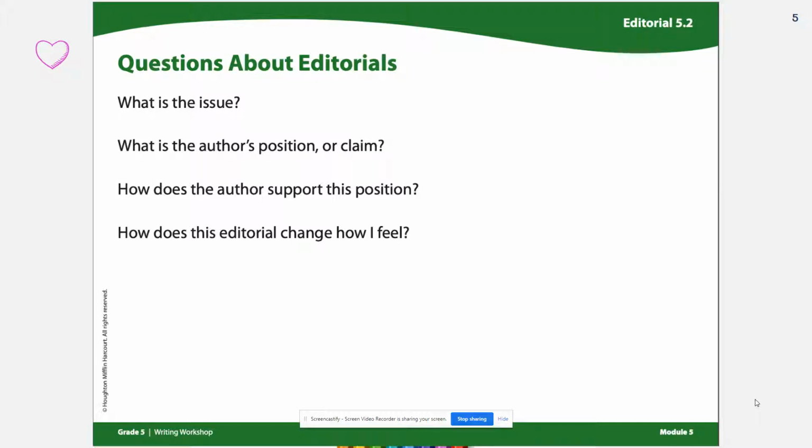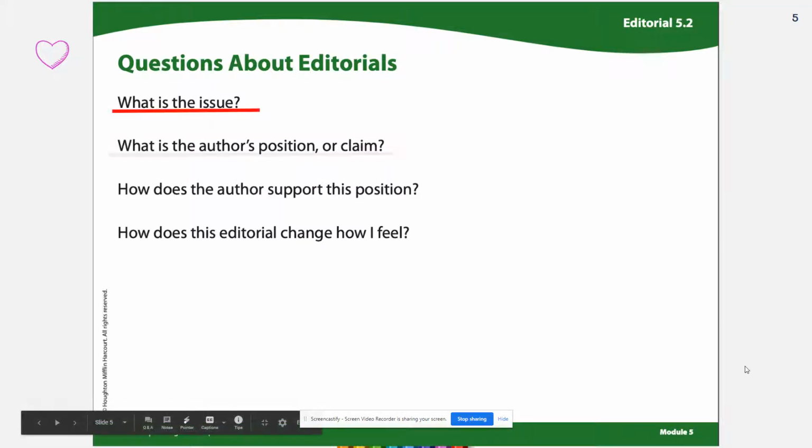Well, we can tell from reading that the issue is the use of plastic water bottles. What is the author's position? The author's position is that sports teams should use recyclable water bottles.